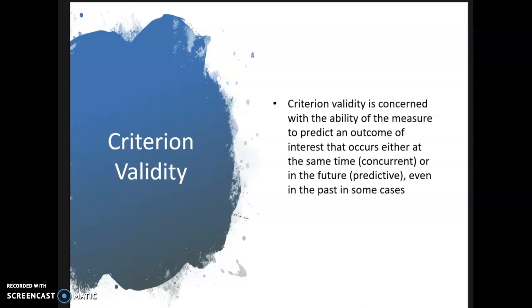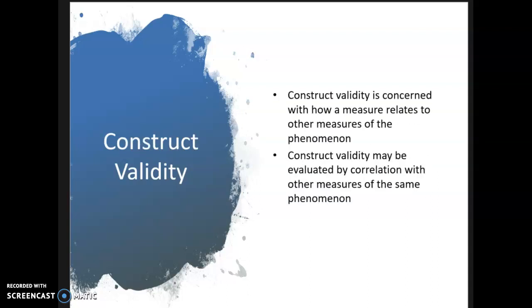So we're really looking at very specific information when we're looking at criterion validity. And when we're looking at construct validity, we're looking at how a measure relates to other measures of the phenomena. So we're looking at how it's evaluated. So it may be evaluated by correlation with other measures in the same phenomenon.